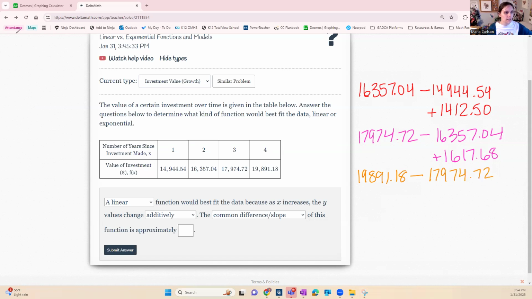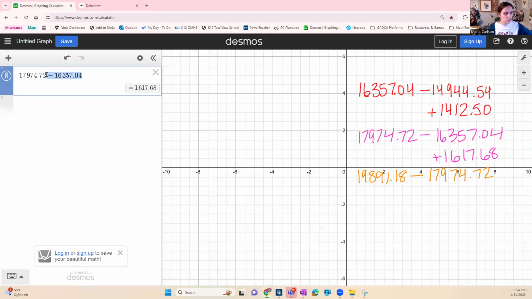So going back to Desmos and subtracting 19,891.18 minus 17,974.72. And now between year 3 and 4, oops, switch colors, we added $1,916.46.